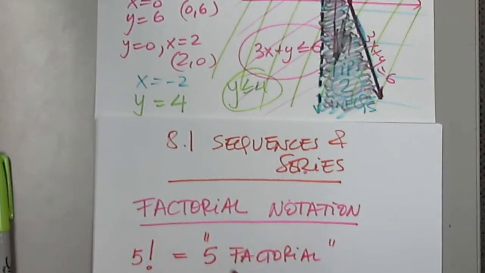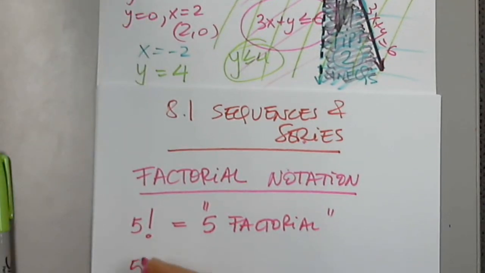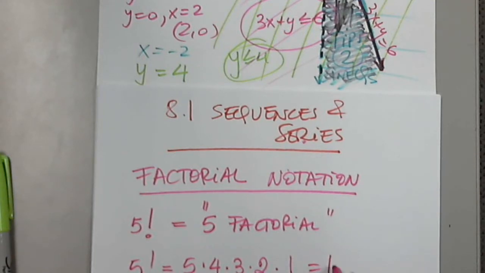Pretty simple, actually. It's 5 multiplied by 4, multiplied by 3, multiplied by 2, multiplied by 1. 1 is the last number. So this is 20 and this is 6. So this will be 120.